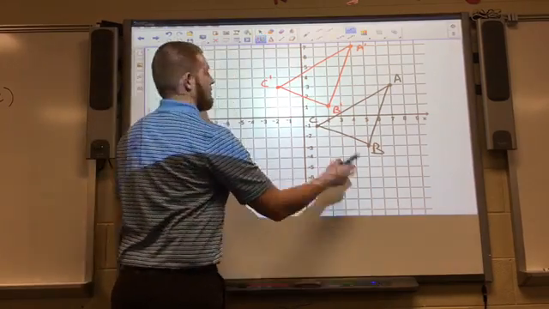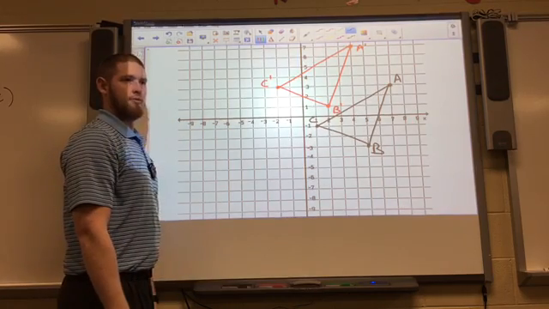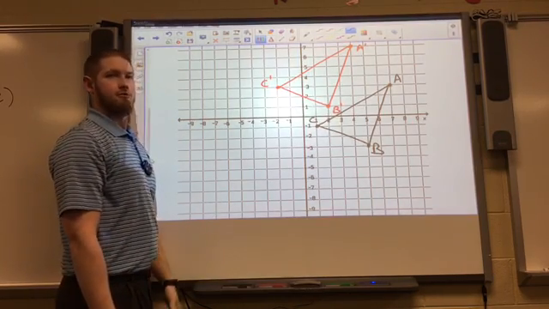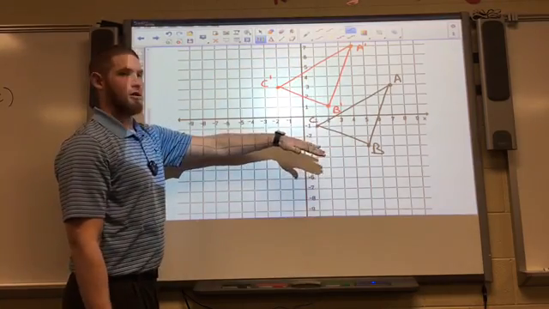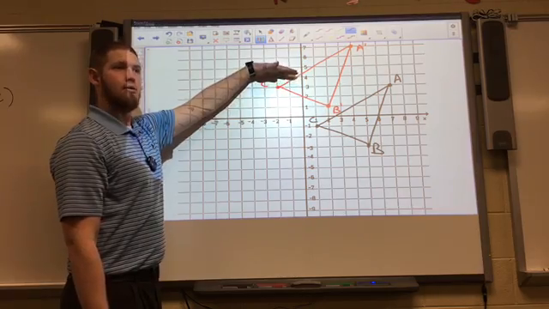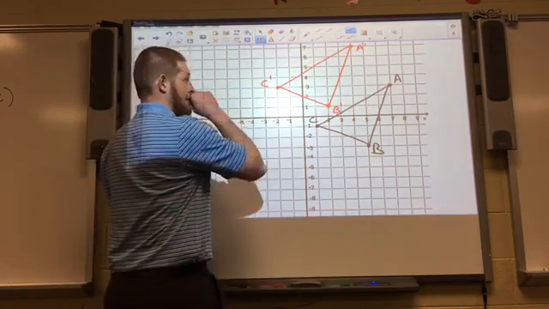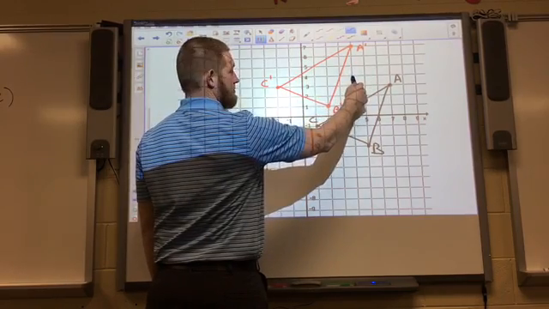Now, is it a problem that that splits my shape? No. If something's on the top and you reflect it, it goes to the bottom. If it's on the bottom, it goes to the top. If it's right on the line, it would stay the same. So here, my A prime is 1, 2, 3 units away from 4.